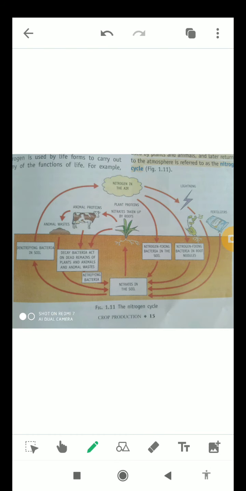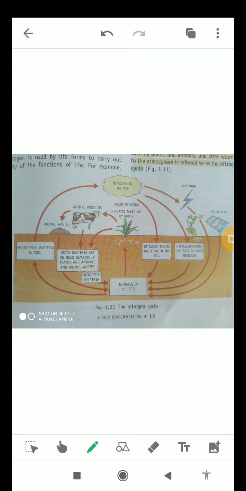This is the nitrogen cycle diagram. As you can see, the nitrogen which is fixed by the bacteria, by the rhizobium bacteria we can say, from there on is used by the animal proteins.